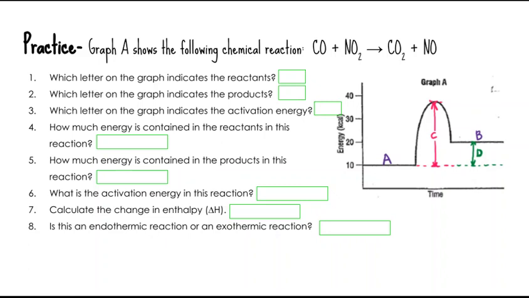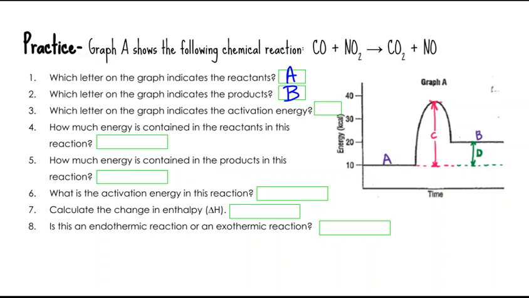All right, which letter on the graph indicates the reactants? That would be A. Very good. Definitely A. Which letter on the graph represents the products? B. Thank you. Yes, that would be B. Exactly right.